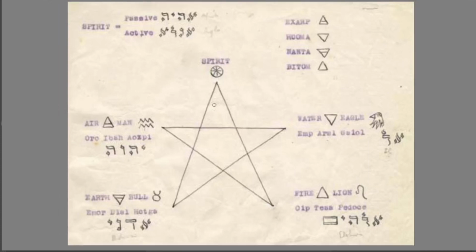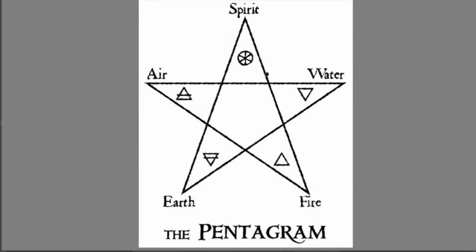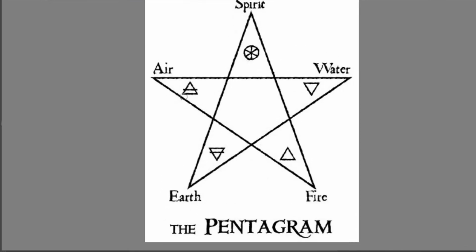Anyway, here we have two diagrams. In the pentagram ritual, spirit is up top, air is off to this side, water is off to this side, earth is off to this side, fire is down there. I don't agree with this personally. Again, is this stuff taught improperly because it's meant to trick you, or maybe I'm just not understanding things, or do I have my own little opinions?